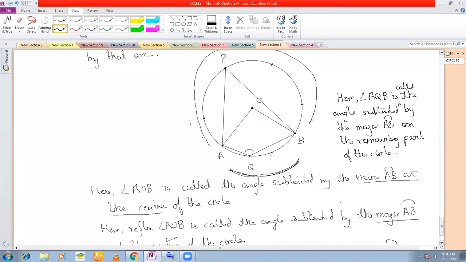Understood? Any questions till this part? If not, then I can stop here for today.